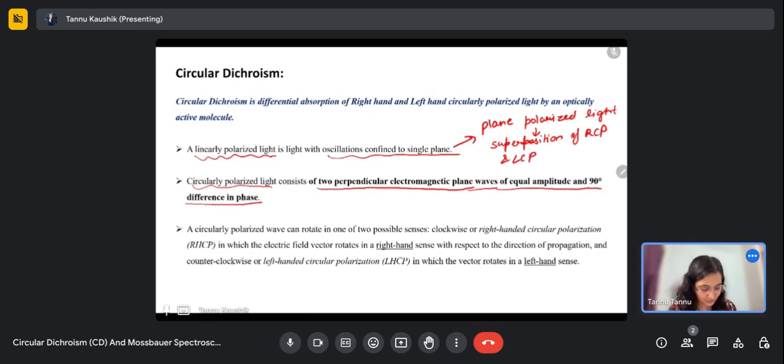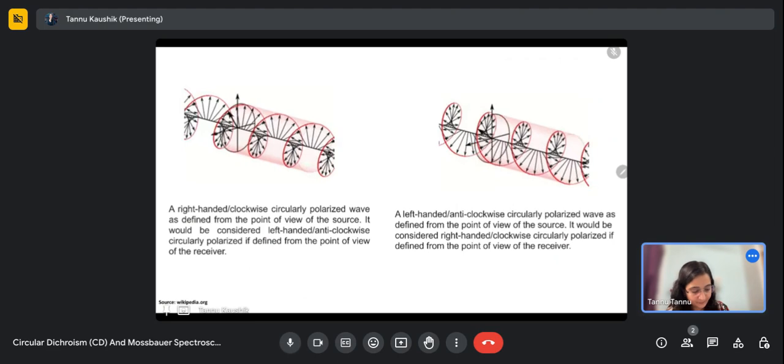So this circularly polarized light wave can rotate in one of two possible ways: clockwise, which we call right-handed circular polarization, in which the electric field vector rotates in the right hand sense with respect to the direction of propagation, and counterclockwise, which we call left hand circularly polarized light. So it is shown here.